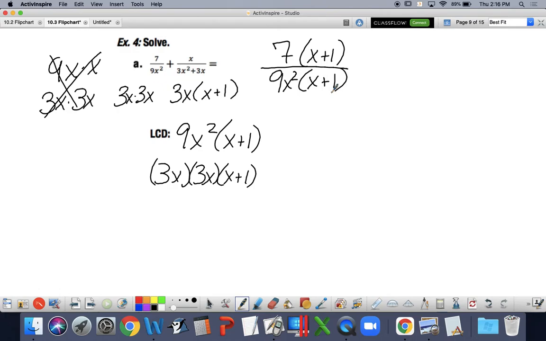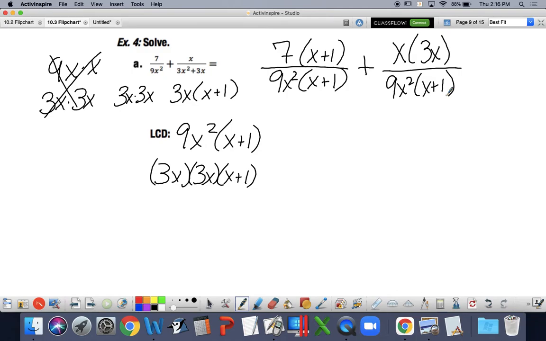But I have not broken the rules of algebra because I just multiplied by the number 1. What's this one missing? It's missing another 3x. It only has one 3x in there, so I need to add another 3x. That's the big leap.